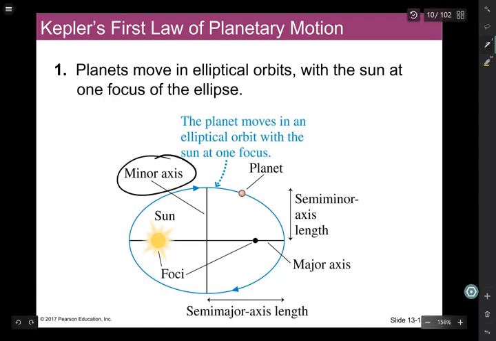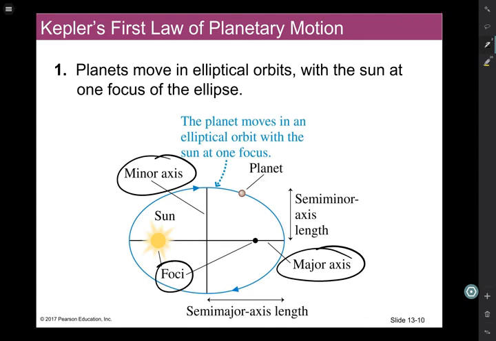The idea of the minor axis and the major axis and the focus or the foci, because there's two for an ellipse, really are the keys to relating elliptical orbits to a more specific circular orbit, right? Circles are special cases of ellipses. So planets always move in elliptical orbits in general. In our solar system, the ellipses are very close, but not exactly circular, right? And so that's the first thing that the data showed.